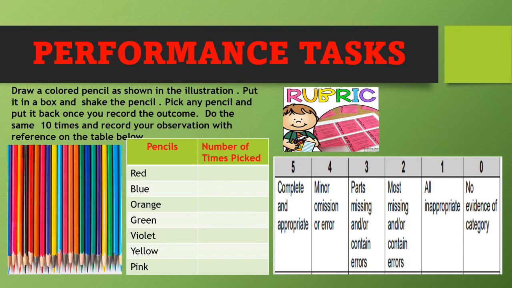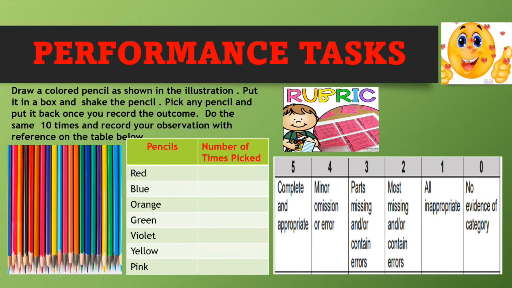Do the same 10 times and record your observations with reference to the table below. You have the colored pencils: red, blue, orange, green, violet, yellow, and pink. You are going to draw the same as in the illustration, with the colors and the number of pencils. And then you have the rubric.